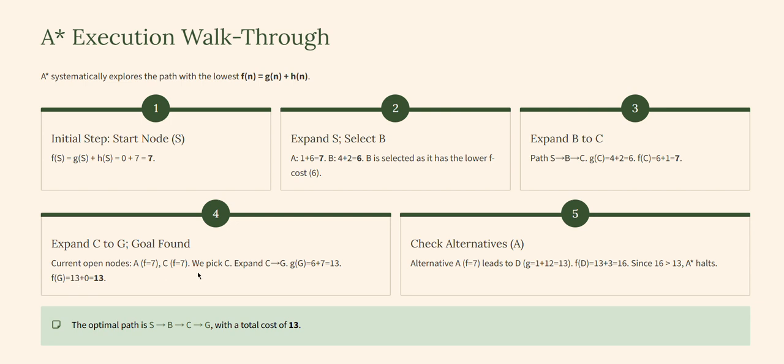Calculating f of n with g of n and f of g and adding, we find the goal path as 13. The optimal path has a total cost of 13.